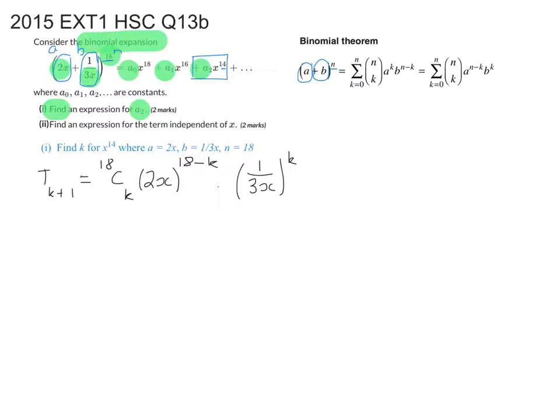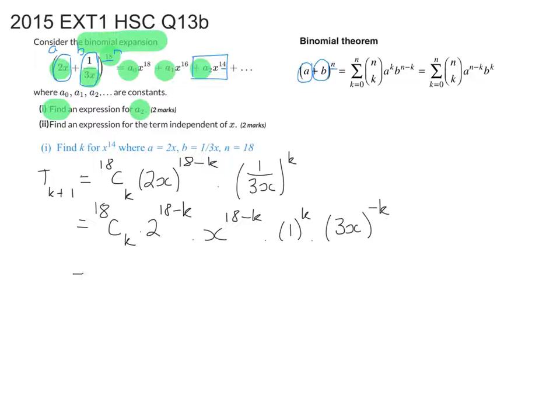Again, collecting our x values together and obtaining one power, we've got an x to the power of 18 minus k, a 1 to the power of k, and a 3x to the power of negative k using our index laws.